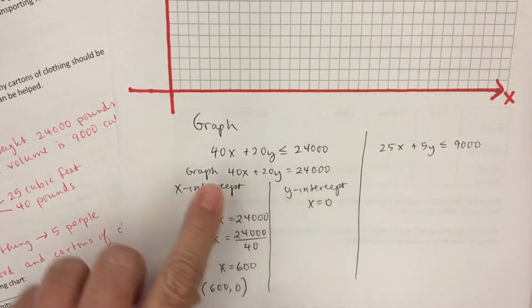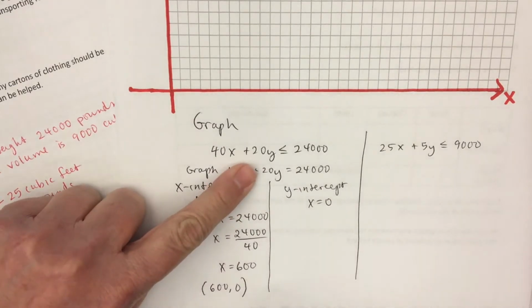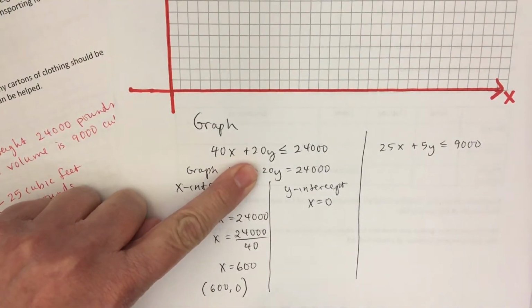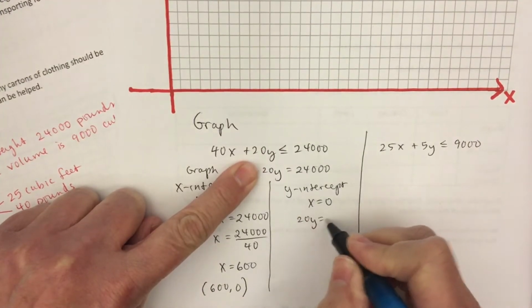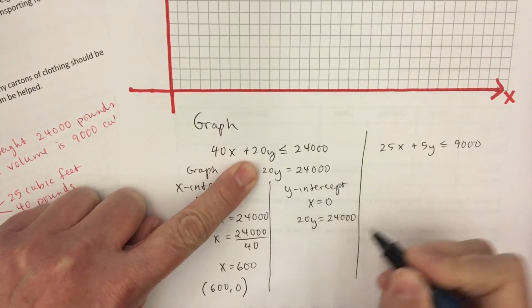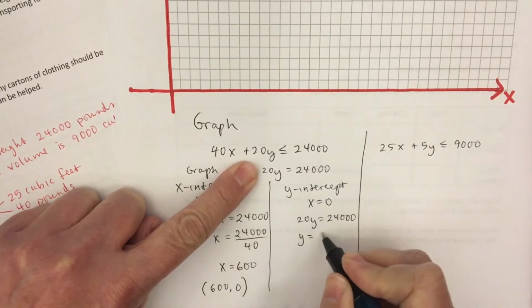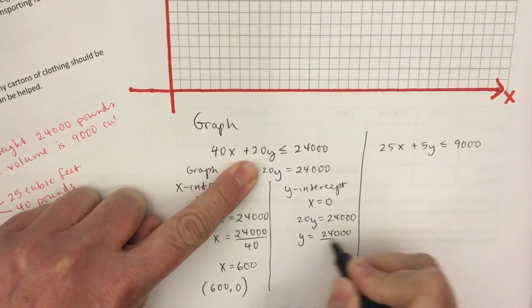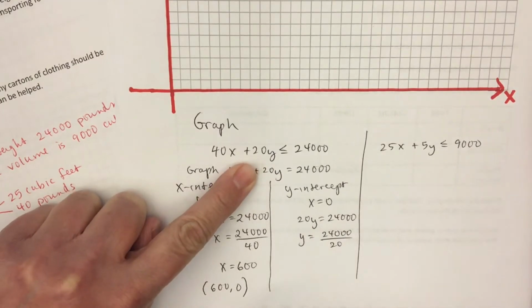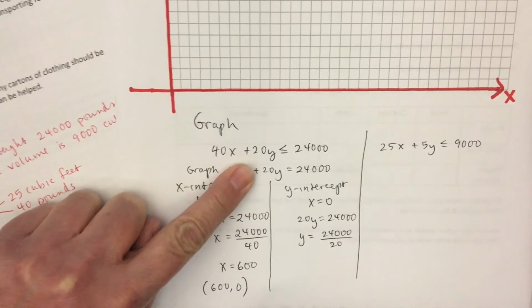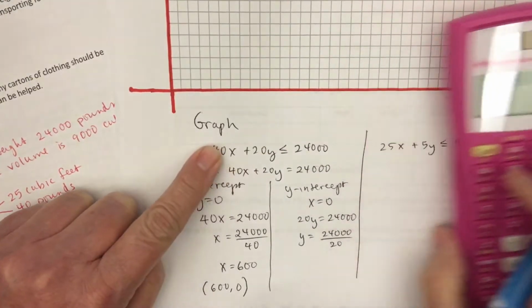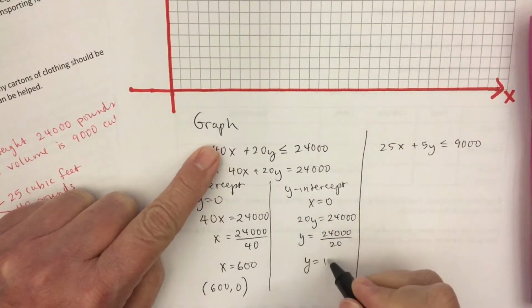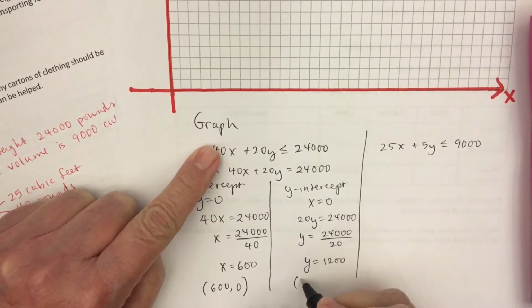If x is 0, I can cover up 40x, and I get 20y equals 24,000. Divide both sides by 20. So 24,000 divided by 20, I'll type that in my calculator, and I get 1200. So y equals 1200. 0, 1200.